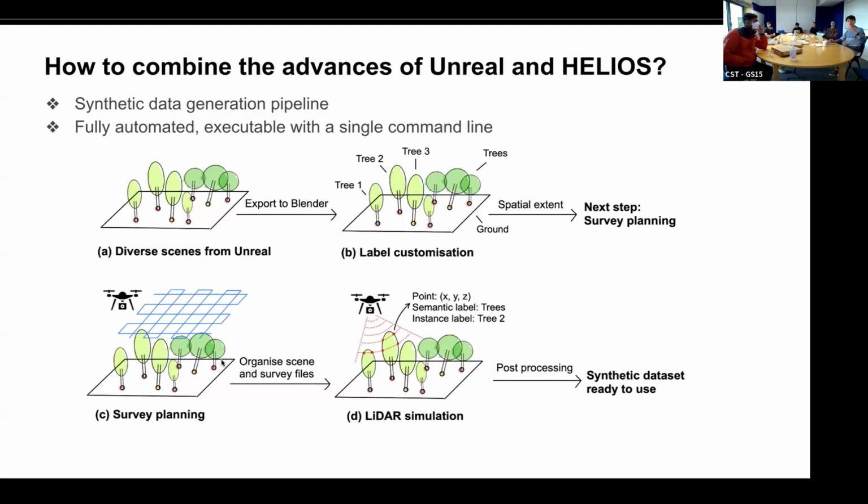And after that, you need to convert all the files to a data structure that is readable by the simulator. It will read the converted data and also the survey file you have generated, and do the simulation by shooting rays, and the intersection point will show you, okay, this is the point, and this is the semantic and instance label of this point.